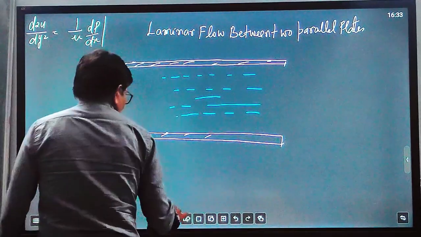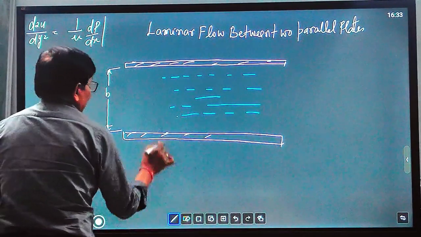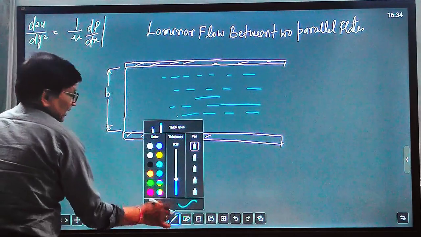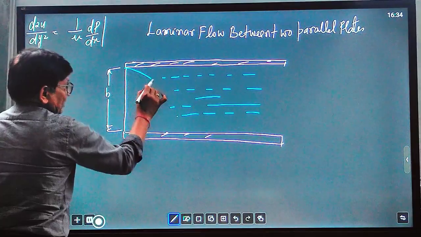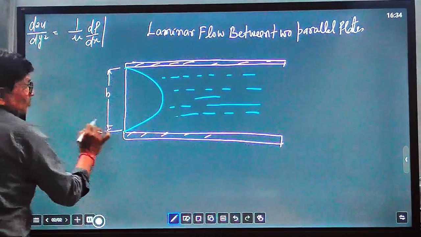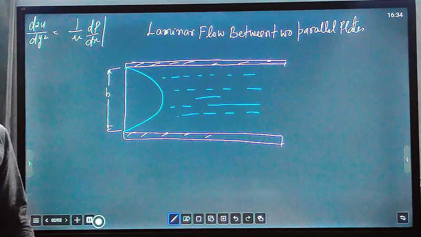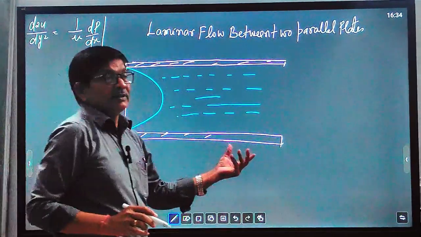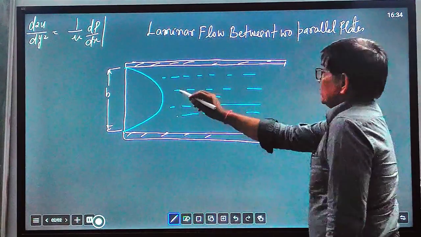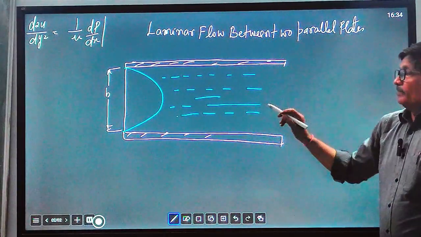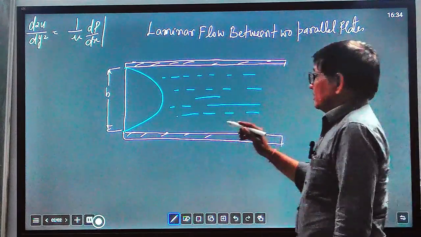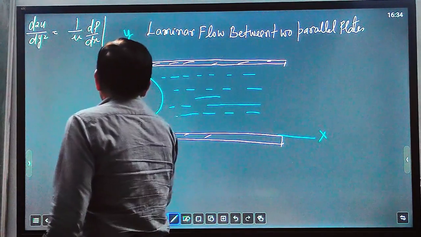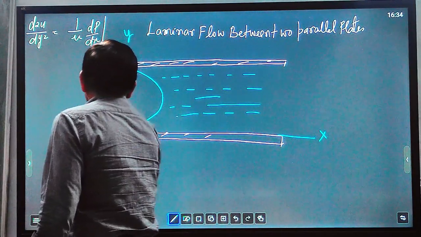Now between the two parallel plates there will be some distribution of velocity like this. Suppose this is the velocity distribution, because we know that in laminar flow, due to the condition of flow separation, what are the assumptions? Number one, these plates are of appreciable length, and suppose this is direction x, this is direction y and this is direction z.